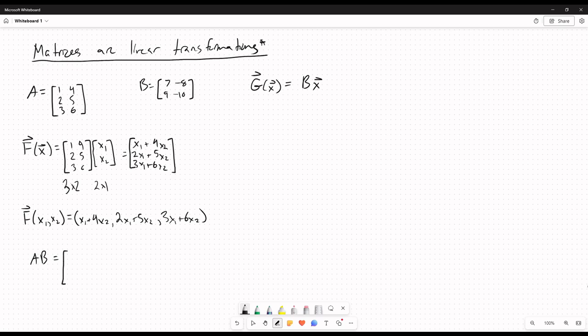That's going to be 7 plus 36, so that's going to be 43. That's going to be negative 8 minus 40, that's negative 48. Then we're going to have in our next row, 2 times 7 is 14, 5 times 9 is 45, I think that's 59. That's negative 16 minus 50, that's negative 66. And then that's going to be 21 and 63, that should be 84.